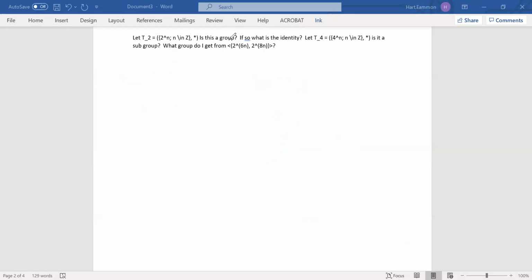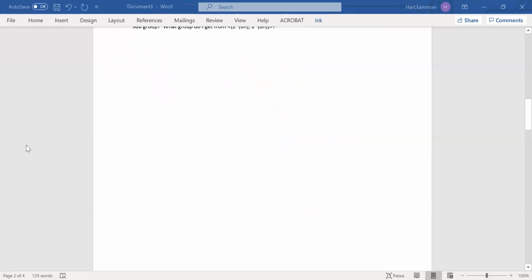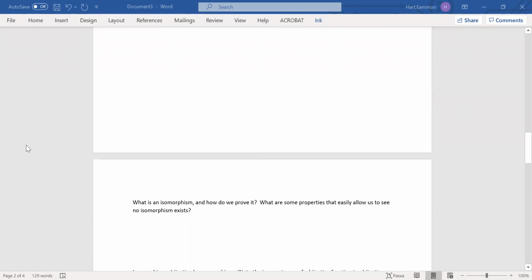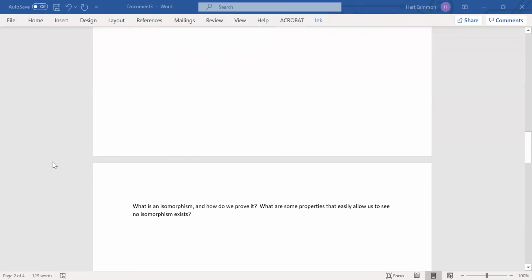Any other questions relating to this? Okay, so what is an isomorphism, and how do we prove that a given mapping is an isomorphism? So just what is the definition here?